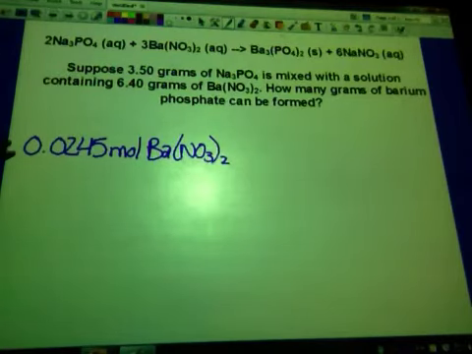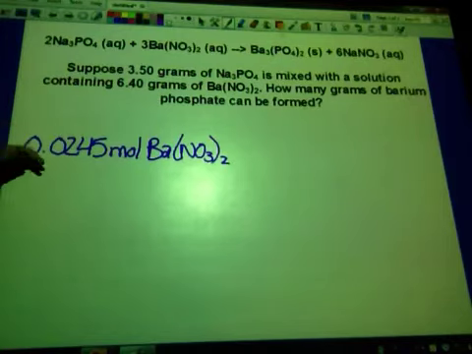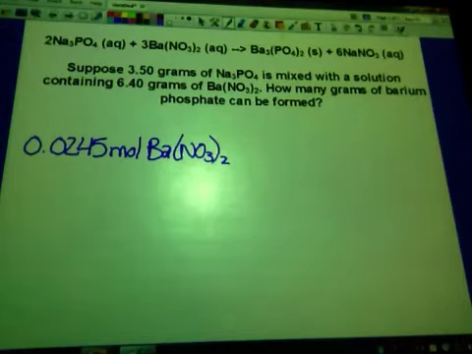If I want to know how many grams of sodium phosphate are going to be used in the reaction, I have to start with the amount of limiting reactant that I have, because this limiting reactant will limit how much sodium phosphate is actually needed in the reaction, and then that will tell me how much I'll have left over as well.